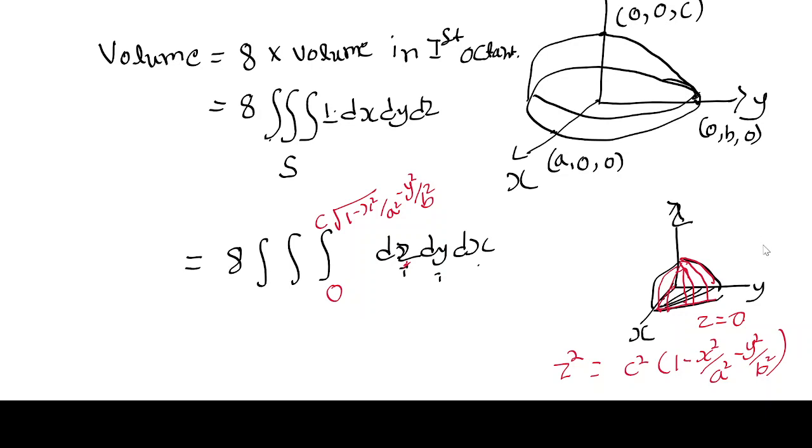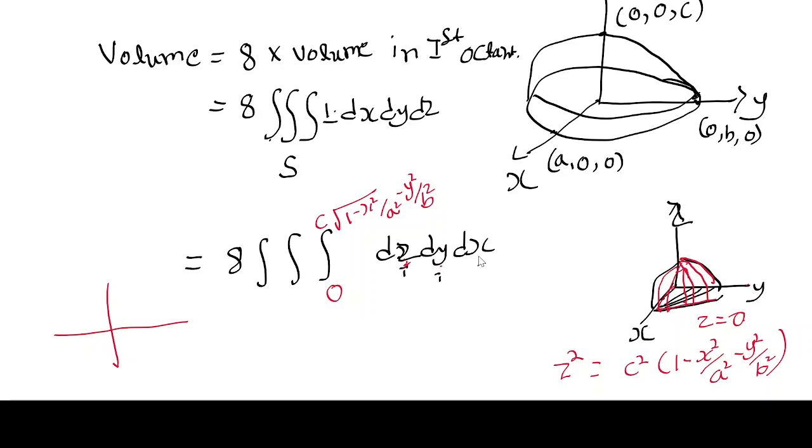Now once we write this innermost integral limit, the 3 dimension is over, and we have to reduce this structure to 2 dimension. To reduce that, we have to take the projection of this solid onto the xy plane.